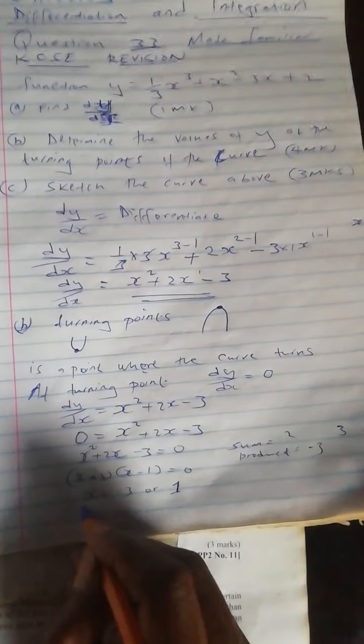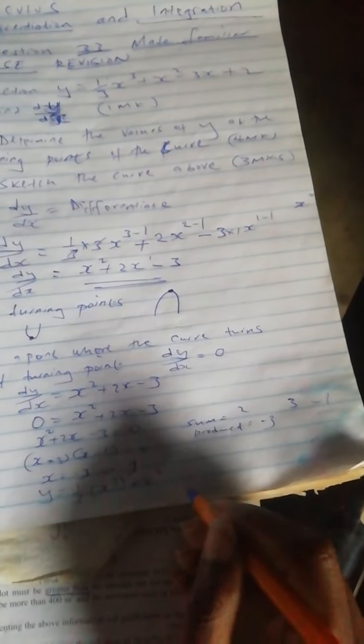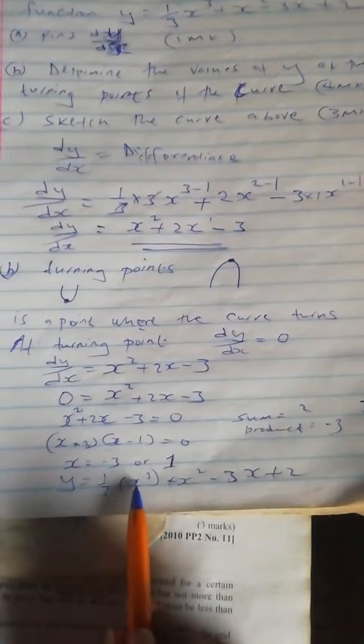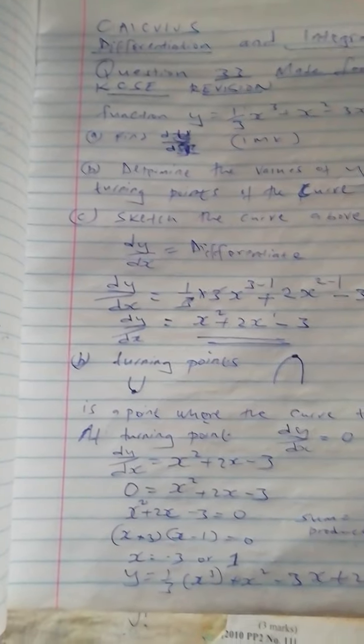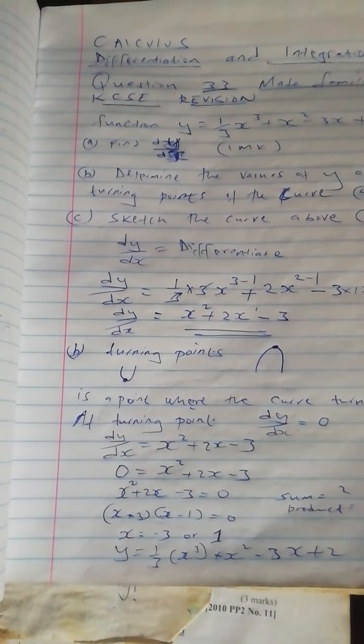We know the equation is y equals 1 over 3 into x cubed plus x squared minus 3x plus 2. So replace x with either -3 or 1.